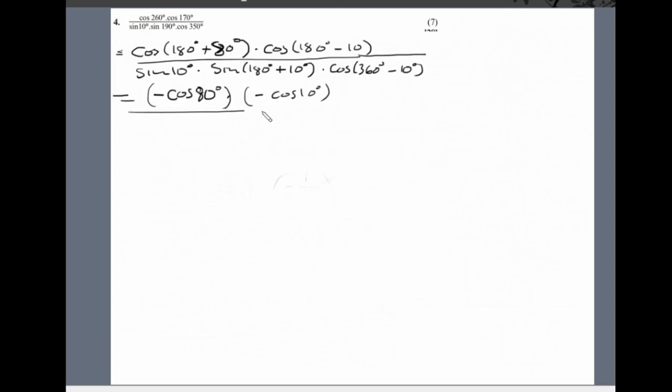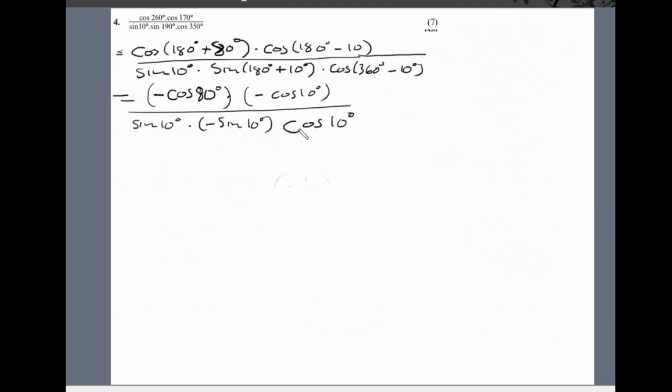And then we will have sin 10, and sine (180 plus 10) is third quadrant where sine is negative, so we will have minus sin 10, right? 360 minus 10 is fourth quadrant where cos is positive, so we will have cos 10.